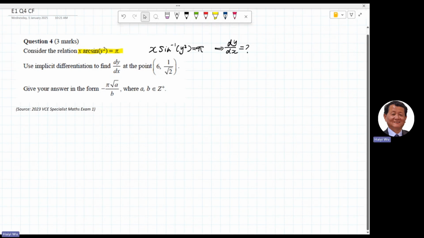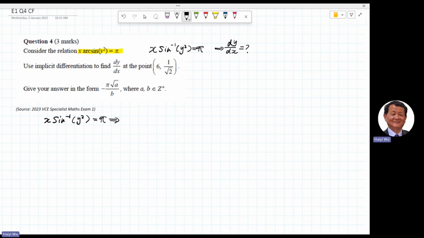Let's do that using implicit differentiation. First I'm going to write down the question again: x sine inverse of y squared equals pi.